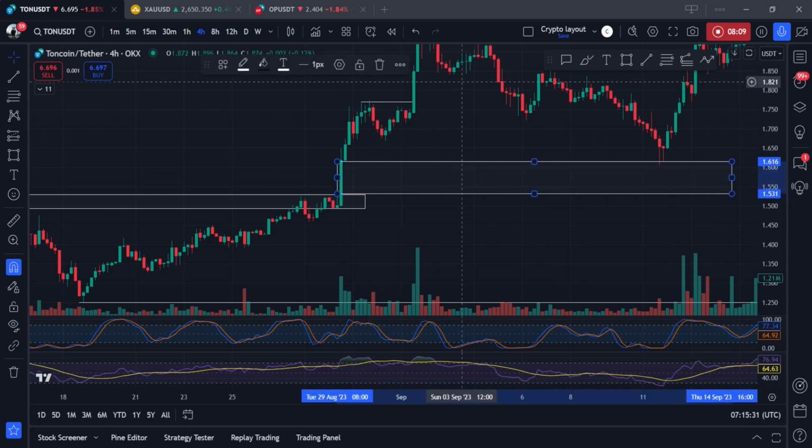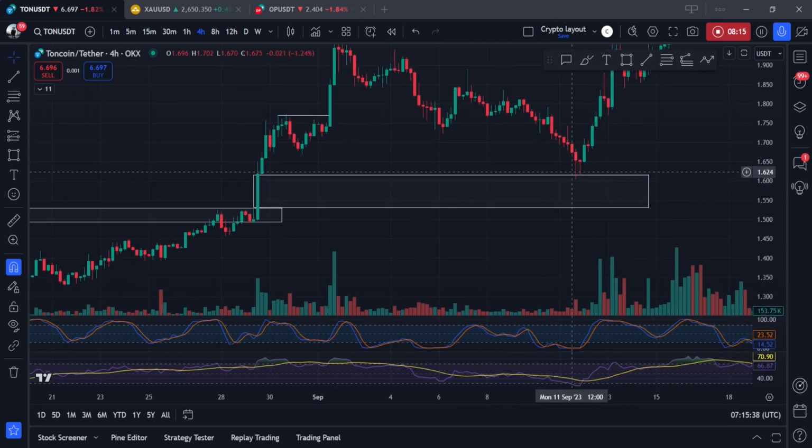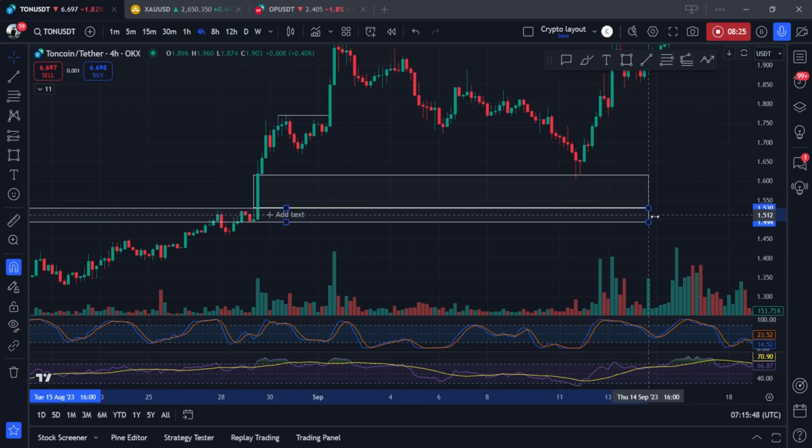And look what happens. Here, definitely there were buying orders. In fact, look what happened with the price when it shot up again. Even better, if the price keeps on going and hits this area, it's even better because here is where the move started.